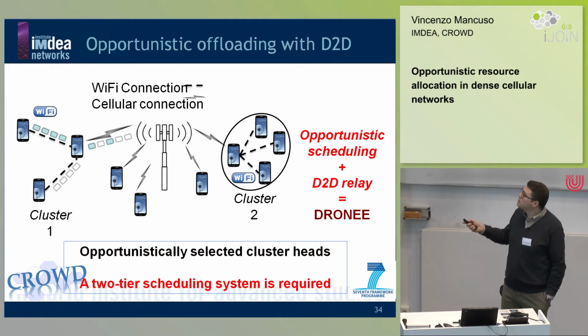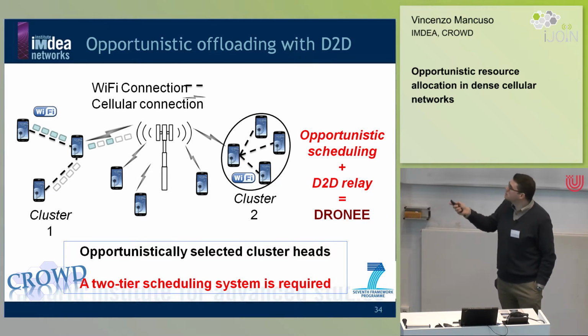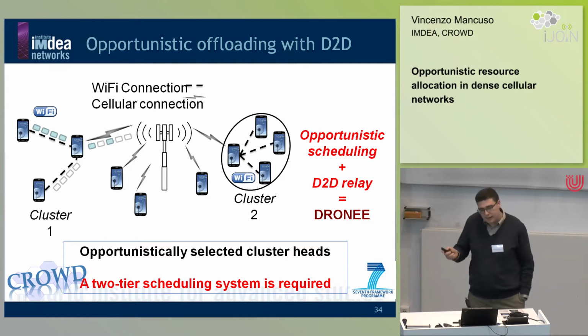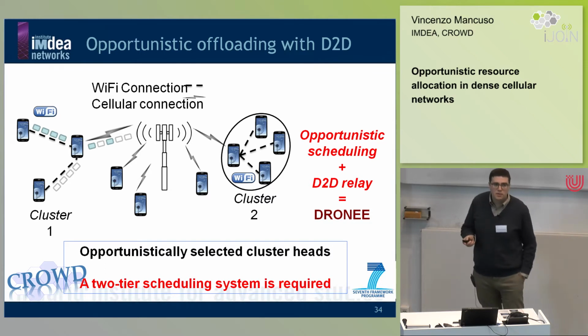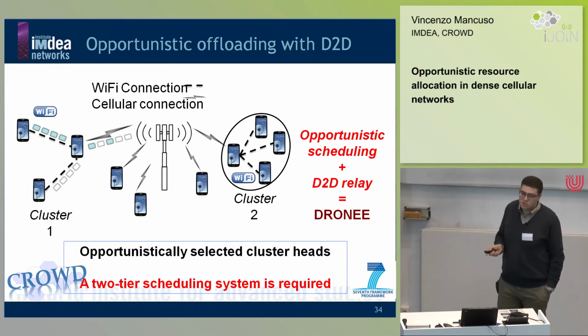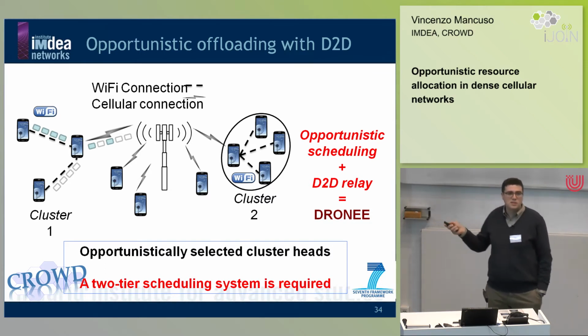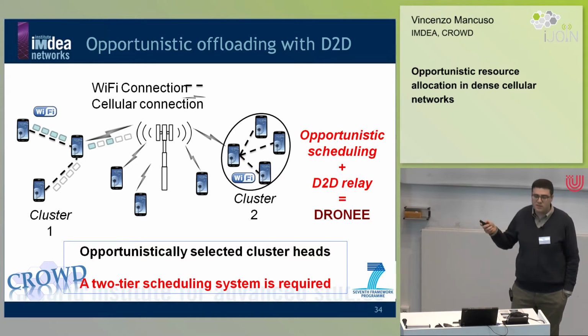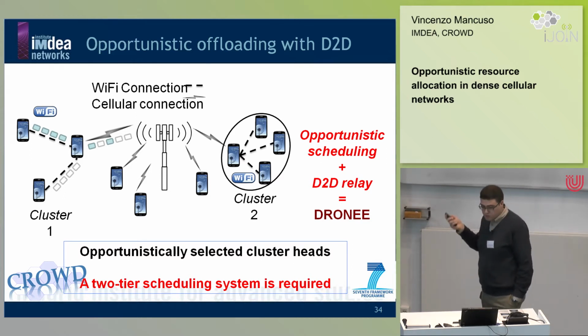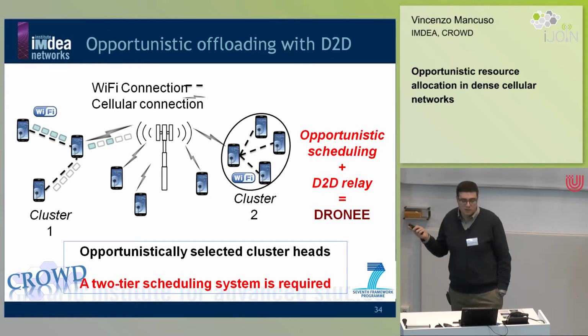This way, the LTE resources are not wasted, and if you choose the cluster opportunistically and very close to each other, you can always have good performance in the Wi-Fi transmission here. Although we are also studying the interference and congestion in the Wi-Fi, because that could be the bottleneck of this kind of network.